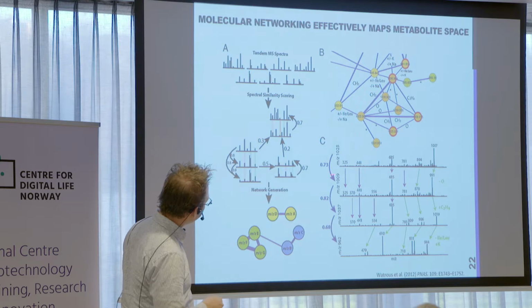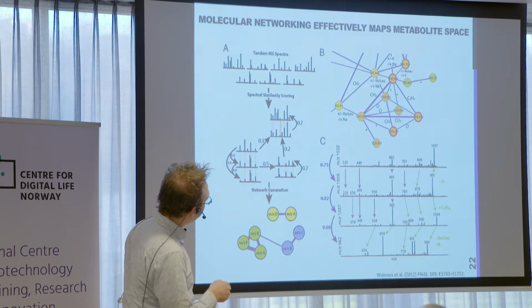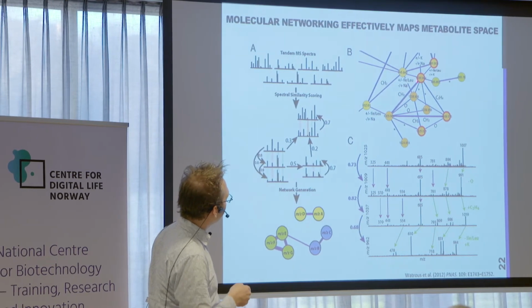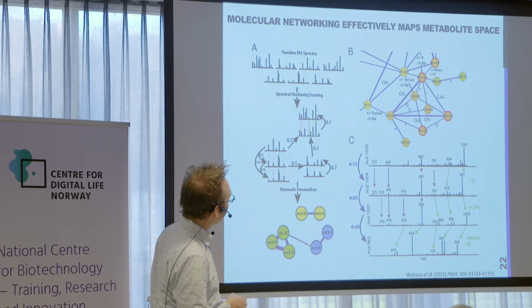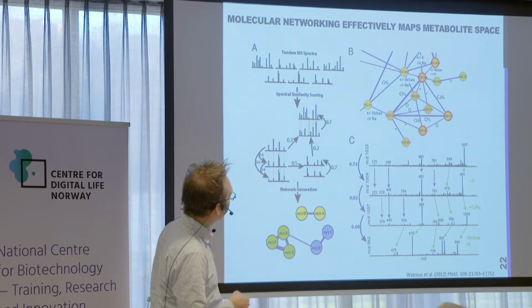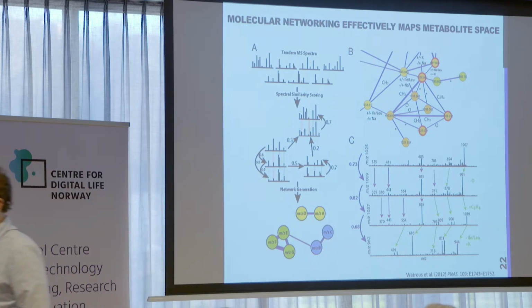And then based on the similarities between the spectra for different molecules, you can group the molecules in a network in which the differences between the nodes would usually also correspond to distinct mass shifts or mass differences between different molecular variants.